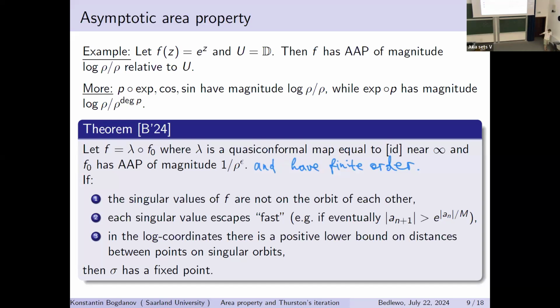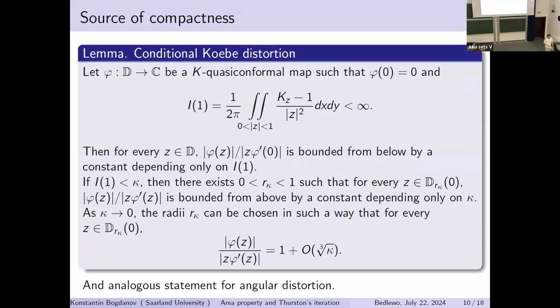I cannot define at this point what exactly this means to escape fast, but for example, if we eventually have that the absolute value of the image is bigger than e to the absolute value divided over m, where m is some initially chosen constant, this is included in our definition of fast escape.